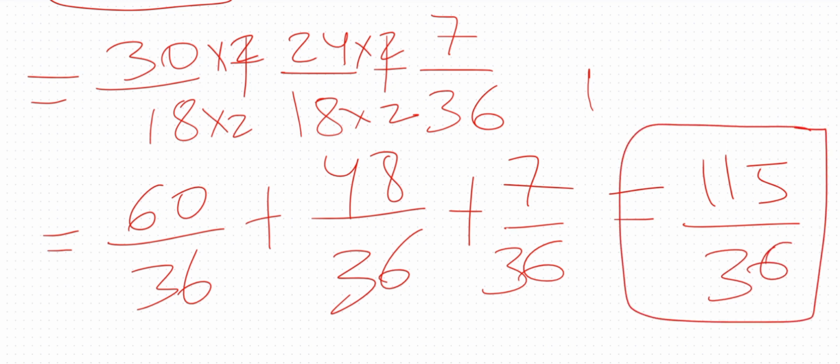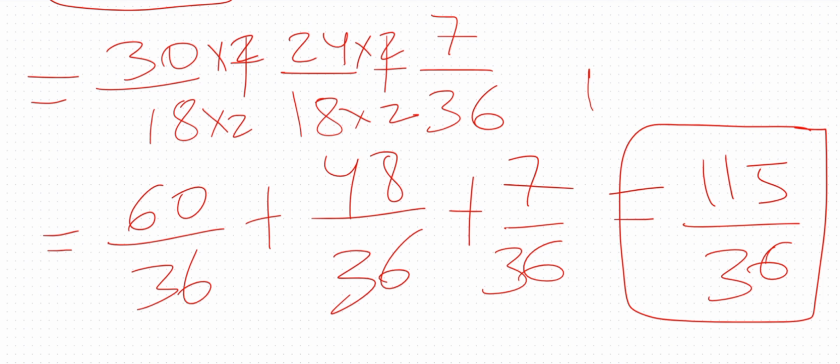So guys, this is our final answer. And also make sure that your answer is always reduced to the simplest fraction. In this case, 115 divided by 36, we gotta make sure it's simplified. For that you can grab a calculator, and we could see if it's divisible by 2, 3, 5, all those numbers.